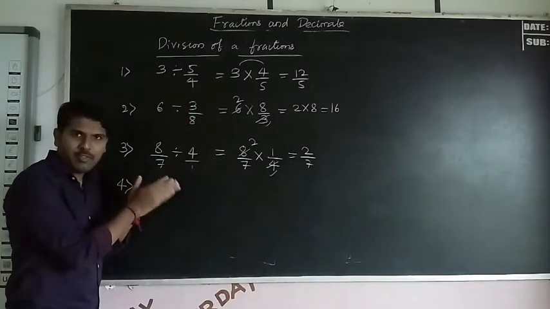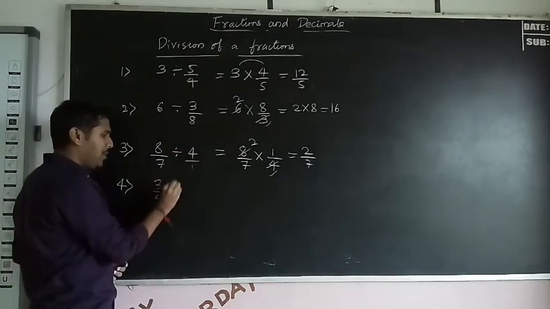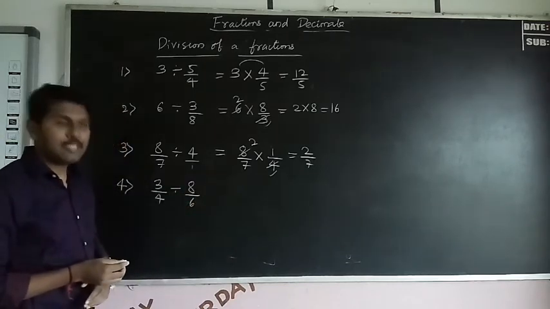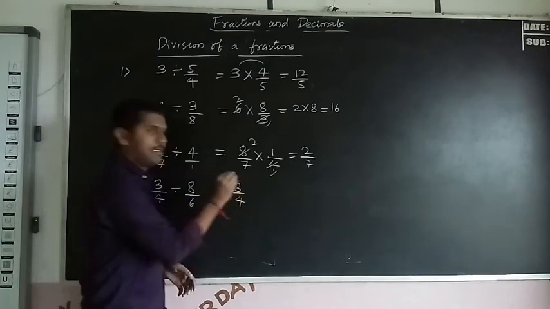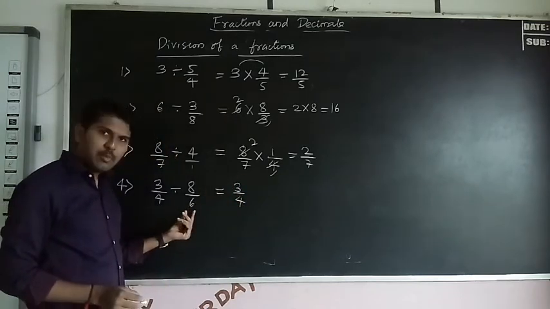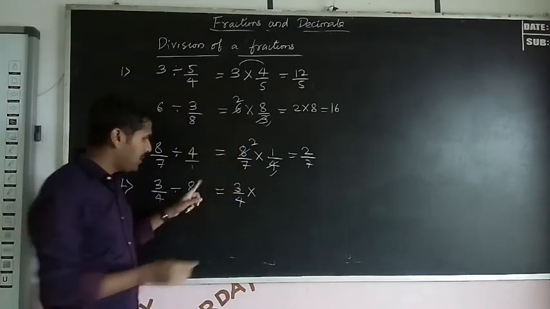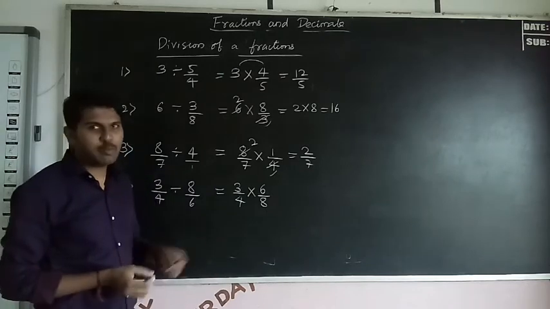Next, fourth one. Again, division of fraction by another fraction. 3 by 4 divided by 8 by 6. So now, first term as this. Just take the reciprocal of the second term if you want to take multiplication sign. 6 by 8. So now here cancellation possible?